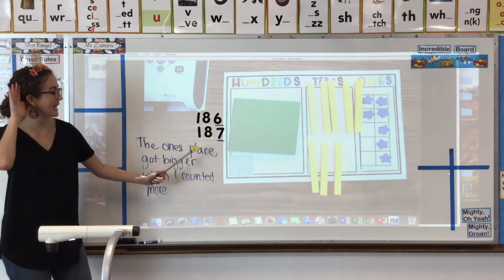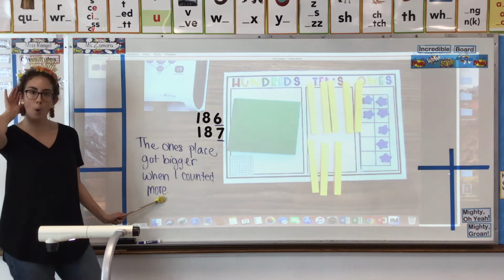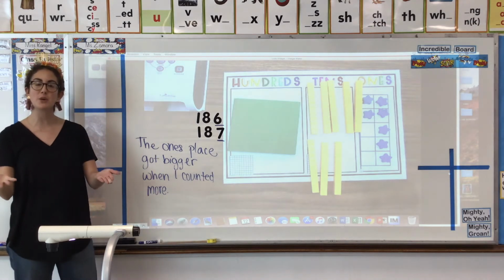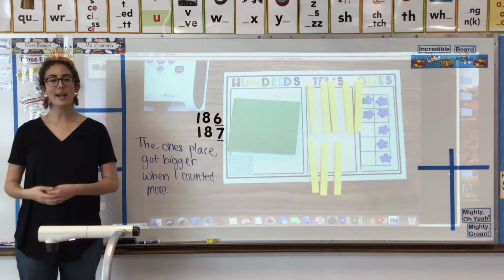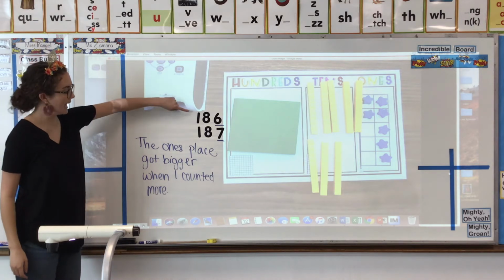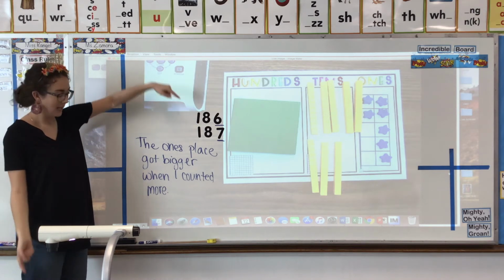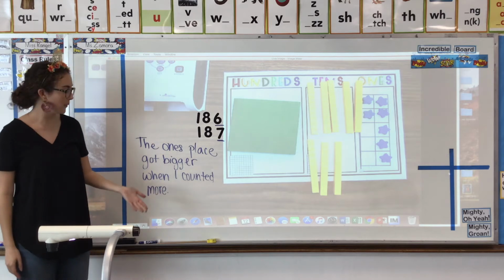The ones place got bigger when I counted more. So this sentence is just putting into words exactly what we were saying when we expressed that 1 more than 186 is 187. This is explaining what you did to find out that was true.